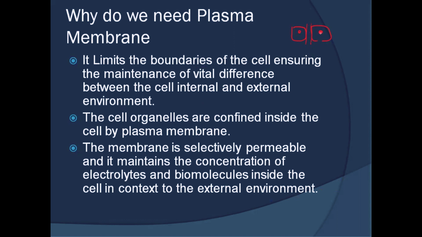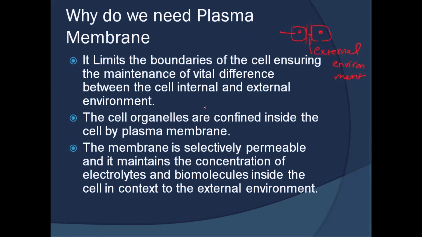For example, in this cell and this cell, the region outside is called the external environment, and whatever environment you have inside the cell is called the internal environment. You have to separate both of them, as there are a lot of differences.